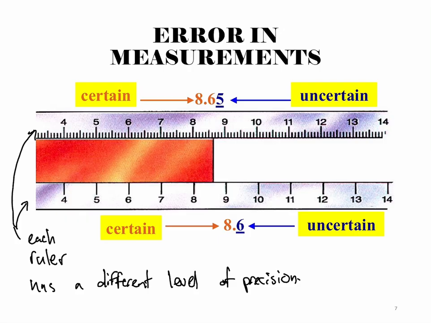Right? Because on the top ruler, each centimeter, for example, is measured and calibrated for up to a single centimeter, but then there's 10 tick marks in between each centimeter. So that means that something like 4.1 is accurate on that ruler because you actually have a tick mark that's calibrated to that distance.